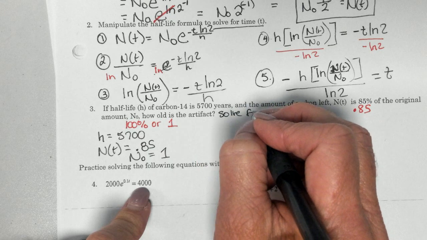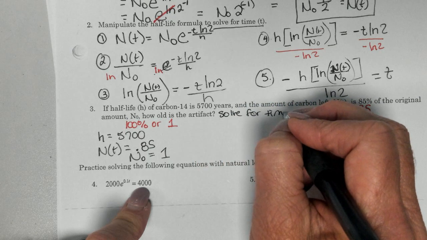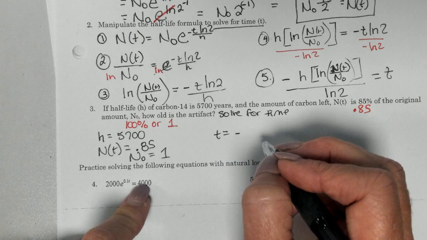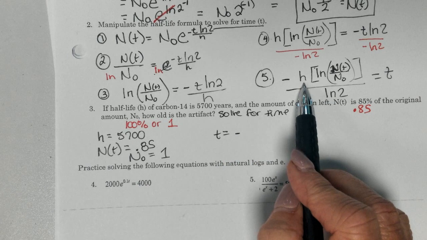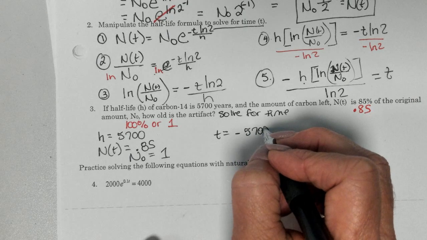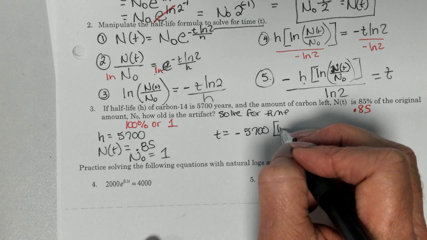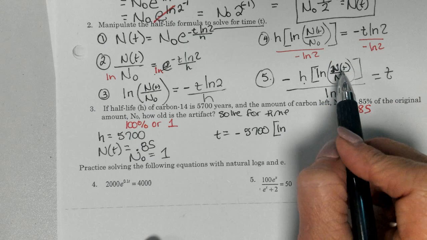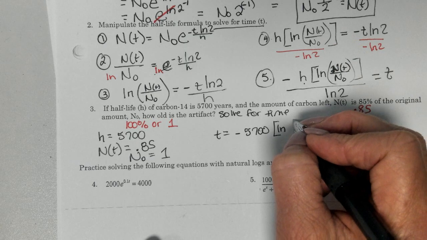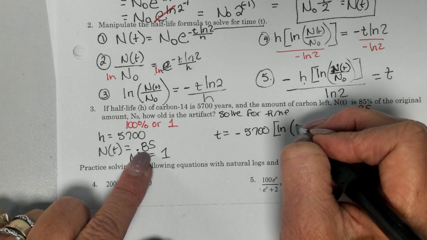Okay, so time is equal to a negative, what is H? 5,700. Natural log, what is N of T? 0.85. There we go, 0.85.